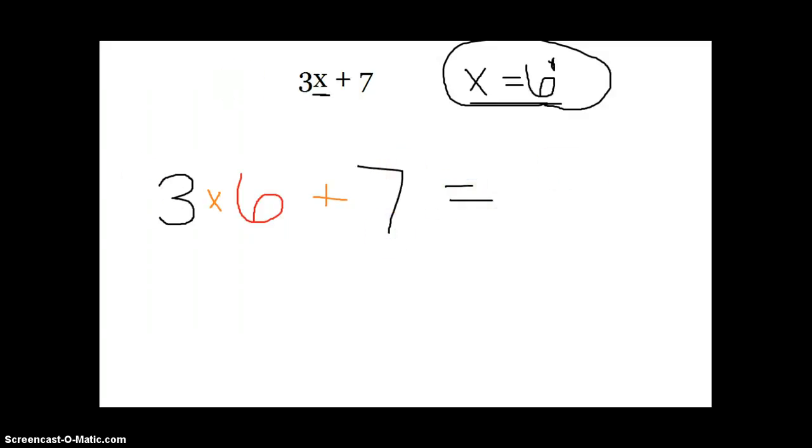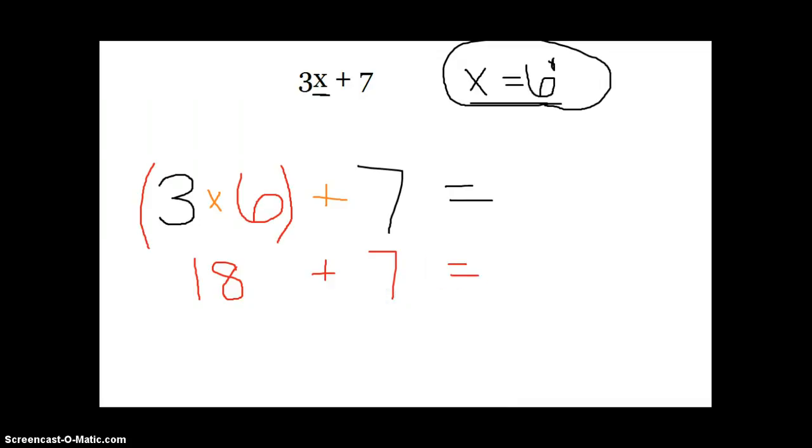Now let's work on the problem through order of operations. Start with multiplication, and that is 6 times 3. I will give you a couple seconds for that. 6 times 3. That is 18. Put it here, 18 plus 7.